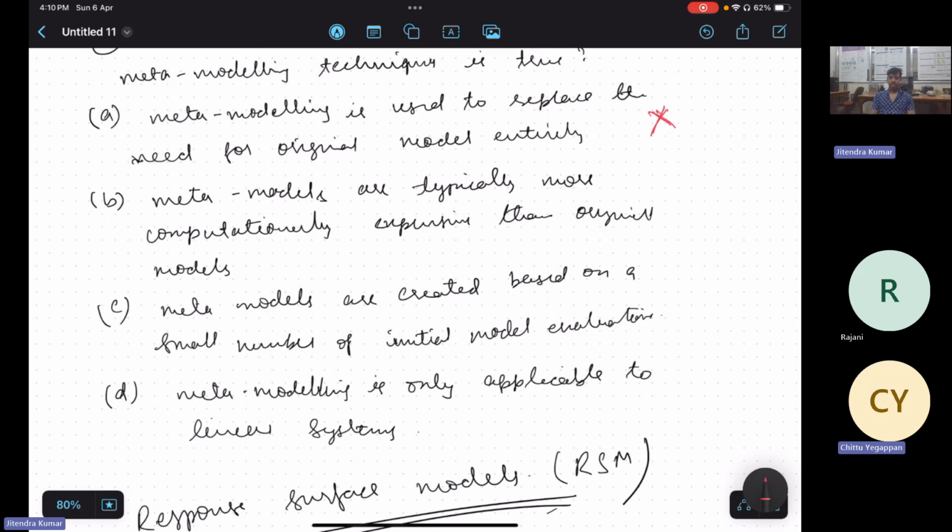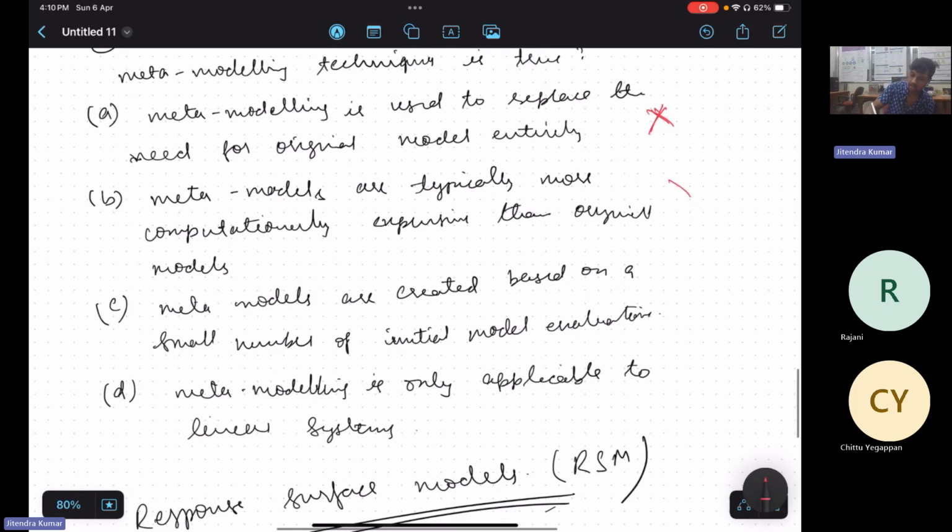Yes, sir. Once the initial parameters are fed into the system, then all the process is much faster than the initial, right? So this option is also wrong, incorrect.